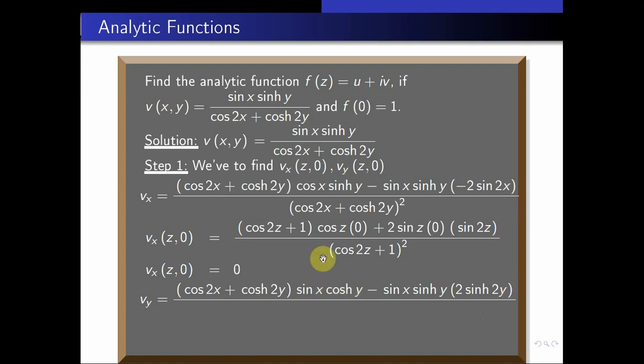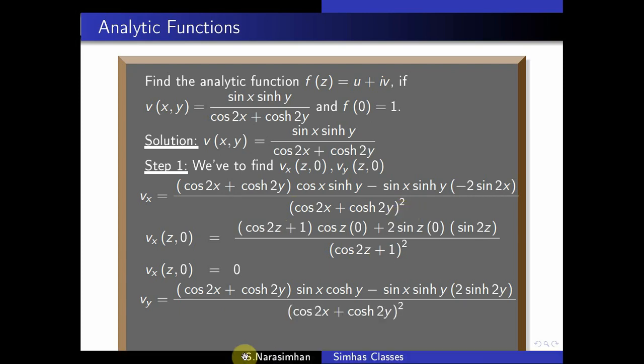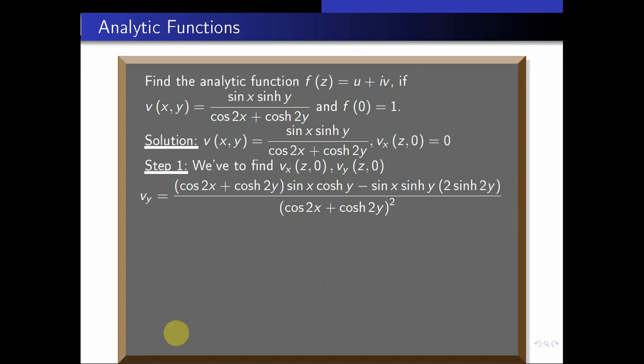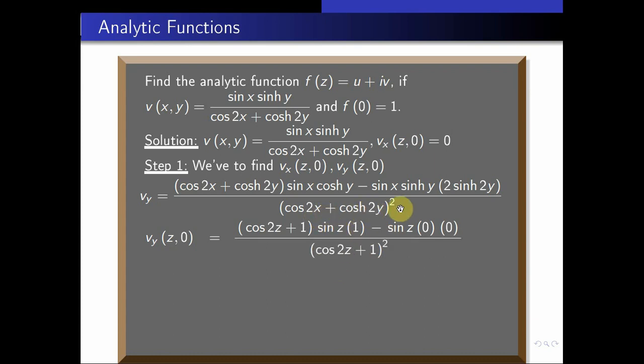The whole thing divided by the denominator cos 2x plus cosh 2y the whole square. Now I am going to substitute x by z and y by 0. This will become cos 2z plus 1 into sin z into 1 minus sin z. This will become 0 and this is also 0. Whole thing divided by cos 2z plus 1 the whole square.